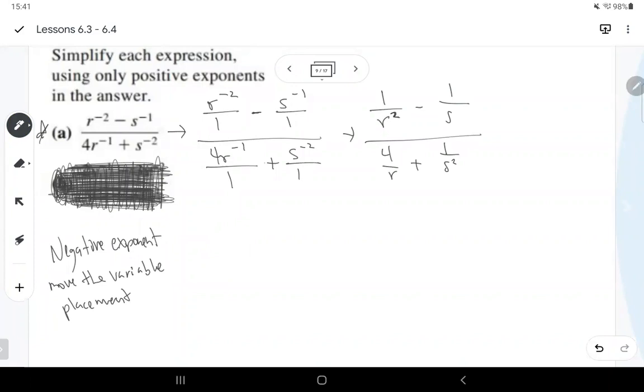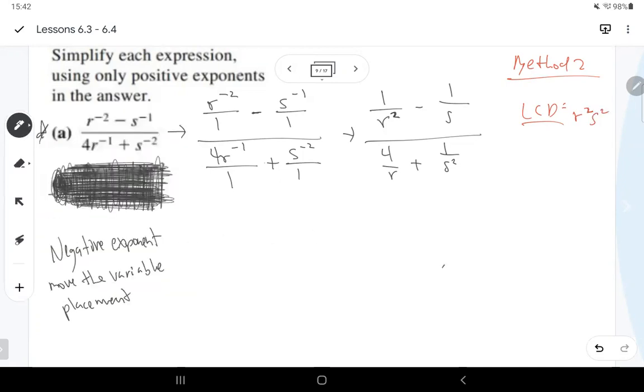Okay, so what's next is we have to find our LCD. I'm going to use method 2. So I'm going to multiply the whole thing by the best LCD for me, which is going to be r squared s squared.